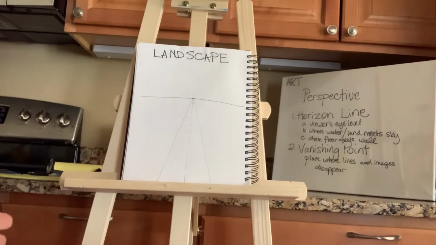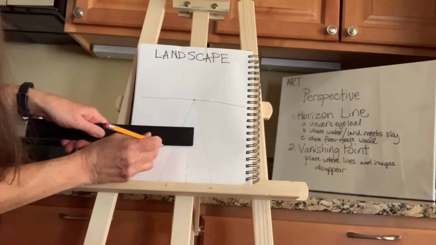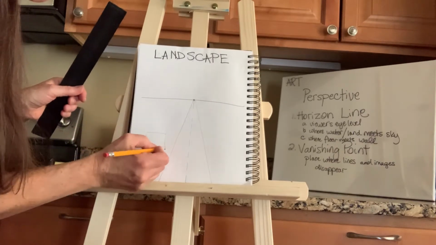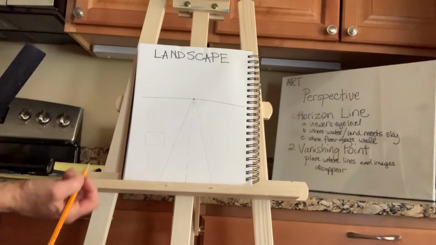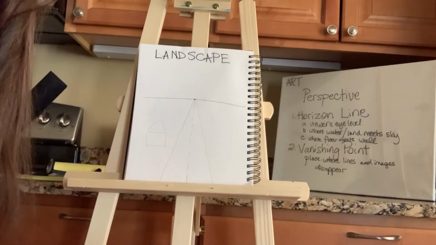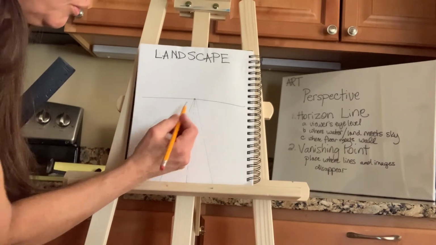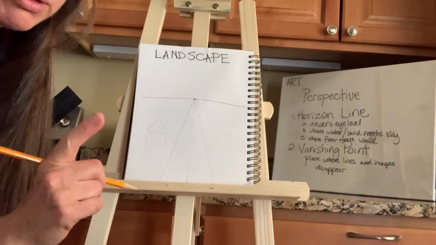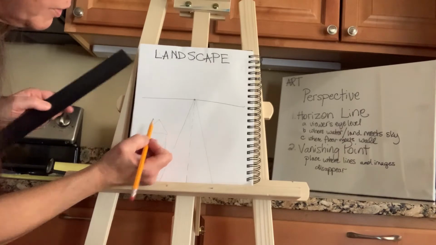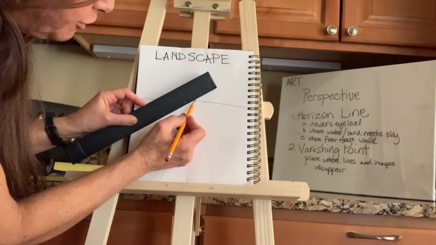So let's pretend we have a house. Let's draw our rectangle. Here's our rectangle. All right, this is going to be a little cute house by the side of the road. Just a basic shape, a rectangle with a triangle on top. What we need to do, because we have a one-point perspective, is that the peak of the roof line of the house is going to meet up with the vanishing point.